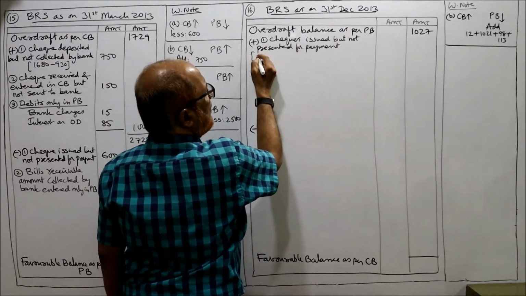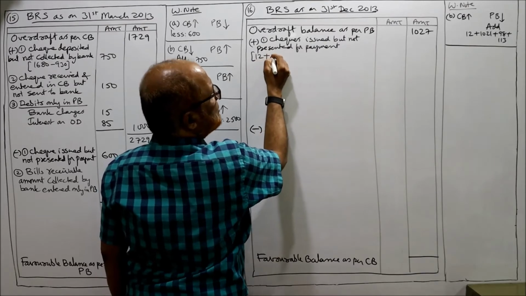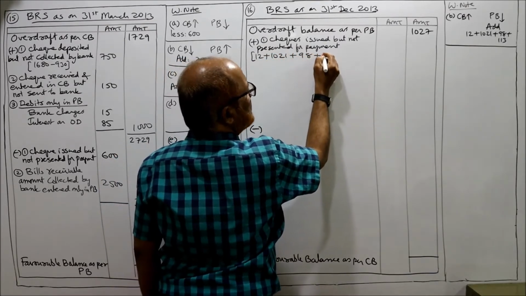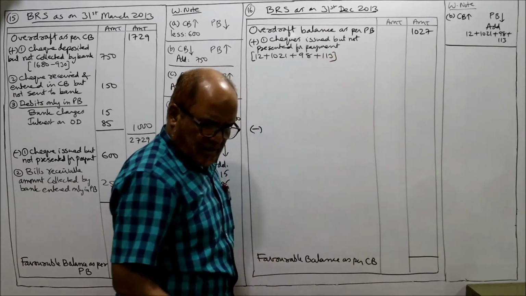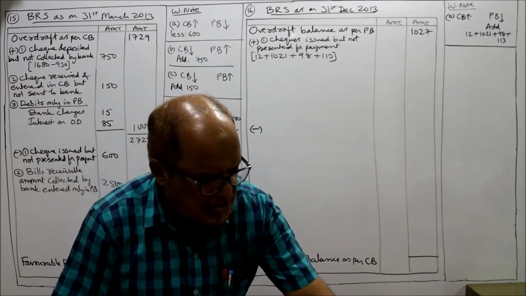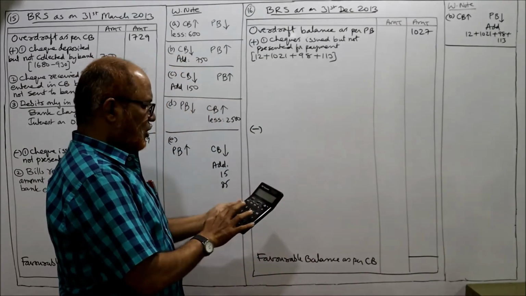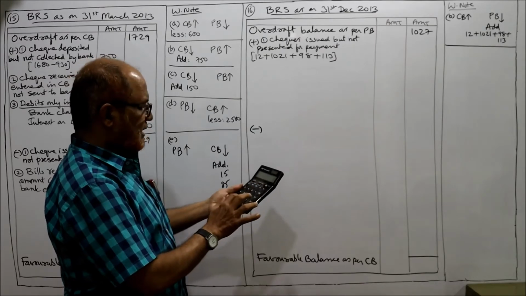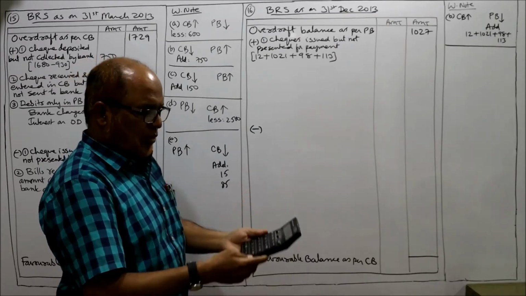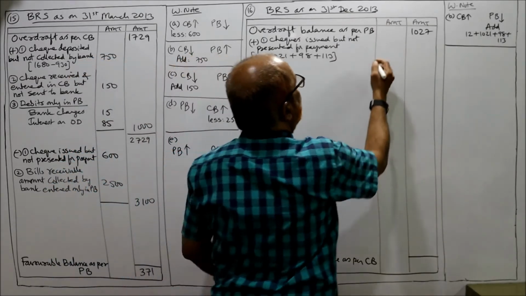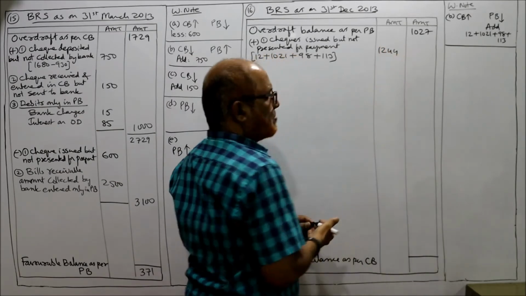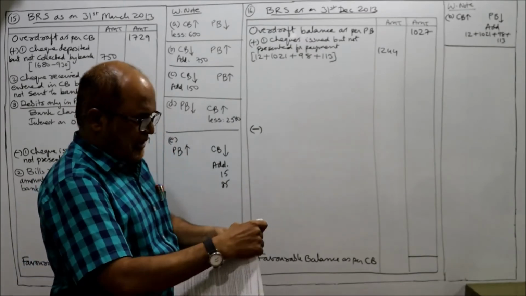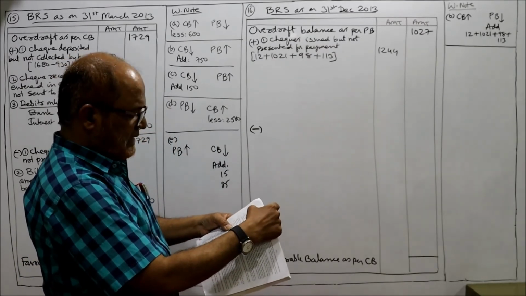In bracket I am writing 12 plus 1021 plus 98 plus 113. Now we'll add up and see what is the total of these 4 checks. So 12 plus 1021 plus 98 plus 113. 1244.